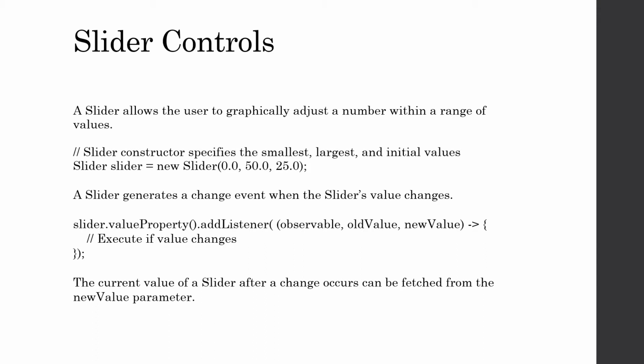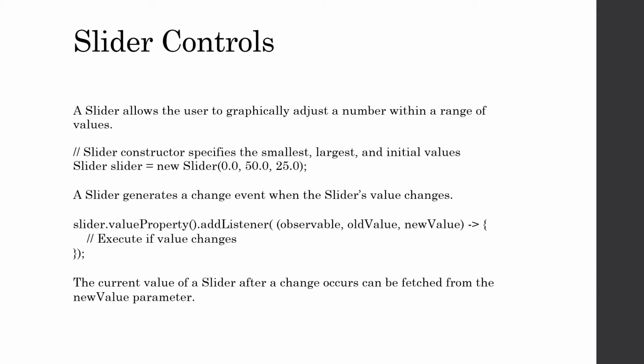So a slider is going to generate a change event whenever the slider's value changes. So anytime that you move that knob up and down on that bar for the slider, that's going to cause this change event to be fired. So an event listener will need to be added.